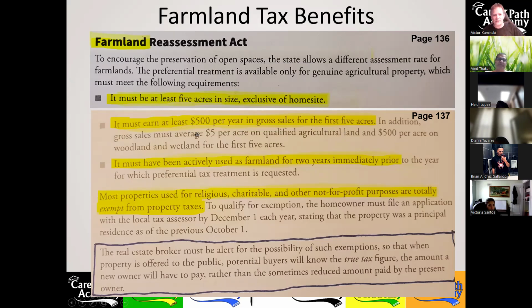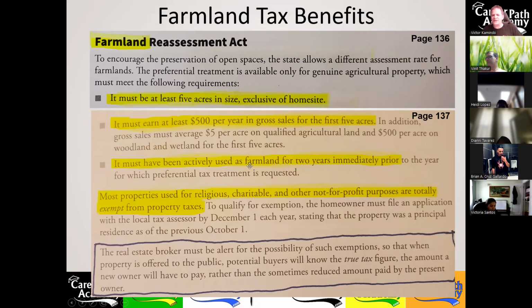To qualify as farmland, a genuine agricultural property, you only need to gross $500 a year in sales. Sounds to me like a loophole, doesn't it? Let's dig in a little further. For each additional acre, you have to gross another $5 per acre in sales on qualified agricultural land, and $500 per acre on woodlands and wetlands above those 5 acres. Wow.